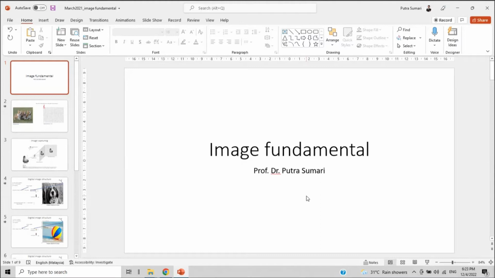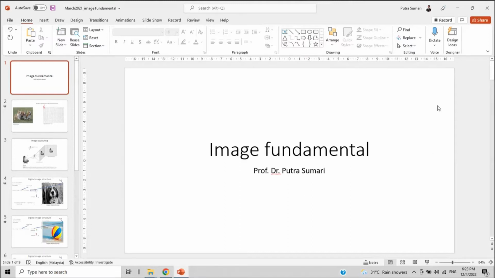So image fundamentals is a very important concept in deep learning and convolutional neural networks. Without the concept and fundamentals from today's course, I think it's difficult for you to follow neural networks and deep learning.